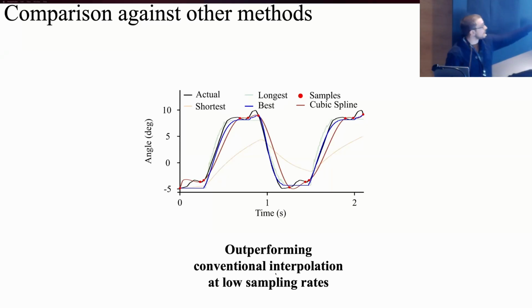As you can see, the best performing controller in our method, which is the blue one, is closer to the black line, which is the reference, in between consecutive samples. While the spline cares too much about the samples, the strict dynamics of the cubic polynomials only define one way to connect the dots. Here we provide a spectrum of different controllers that can provide a family of connections between the different dots.